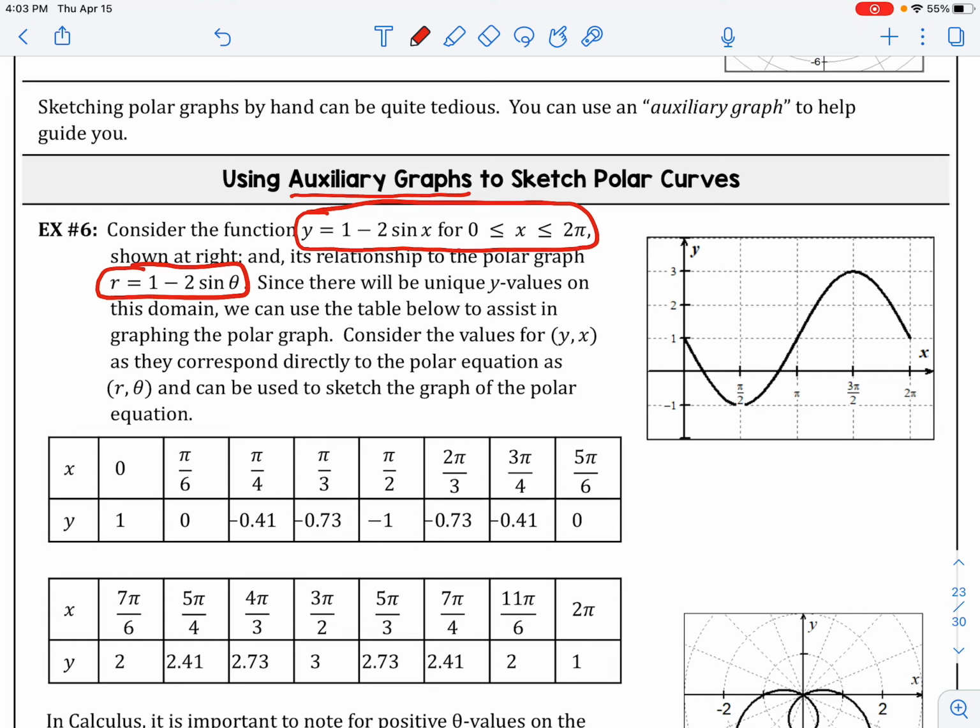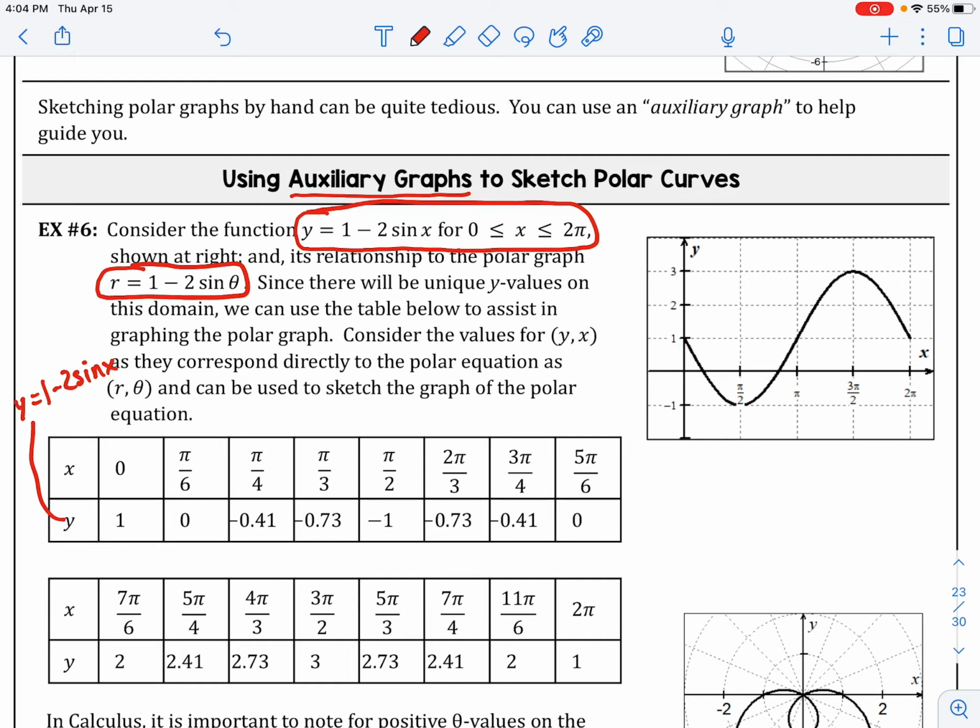So this one is for our y equals 1 minus 2 sine of x. If I put 0 in, the sine of 0 is 0, so that just leaves me with 1. If I put pi over 6 in, the sine of pi over 6 is 1/2, and the 2's would cancel and I'd get 0.